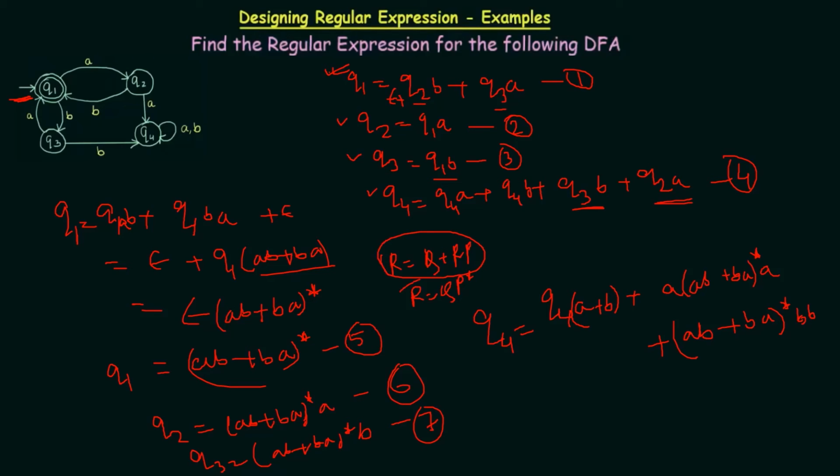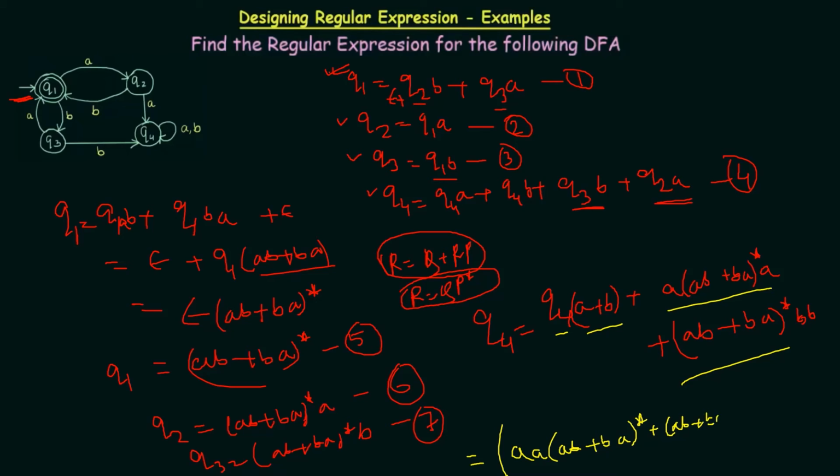So you can convert it into QP star, where Q is this particular thing, and this is R into P. So here it will be aa into (ab plus ba) star plus (ab plus ba) star into bb, into (a plus b) star.